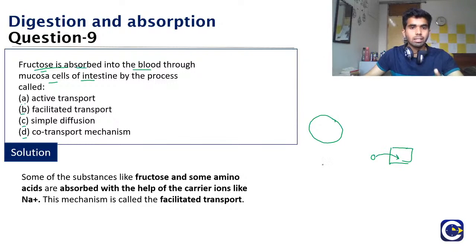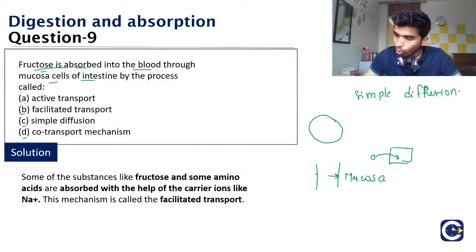And the absorption process, that is the last process, occurs in the mucosa by various processes. So first it is simple diffusion. Simple diffusion is very less common. Okay, Hisham, simple diffusion is very less common.